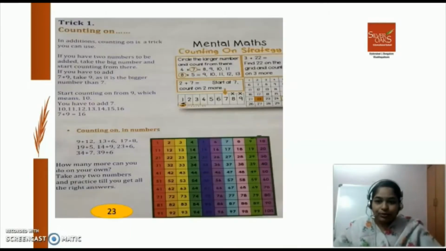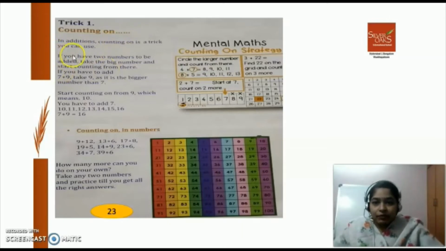Let's see how. In your math concept book page number 23, there is all about trick 1, counting on. Let's read. In addition, counting on is a trick you can use.